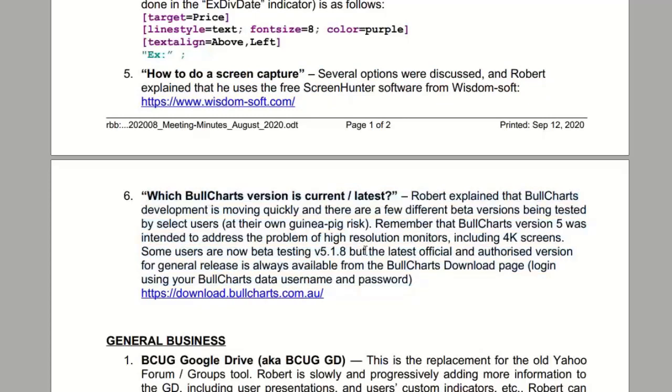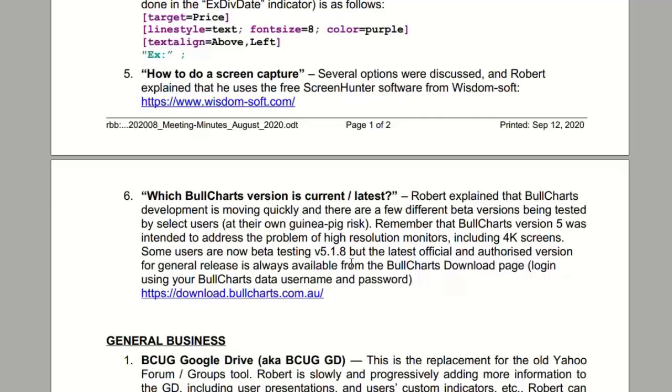which reminds me actually, for anyone who was listening just before 8:30, I was asking what version everyone's using, and hoping that everyone is already using version 5 of BullCharts, version 5 or newer, version 5.1.4 at least. Some people might be using 5.1.8 or any number up to 5.1.12.